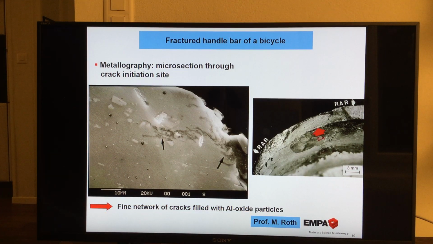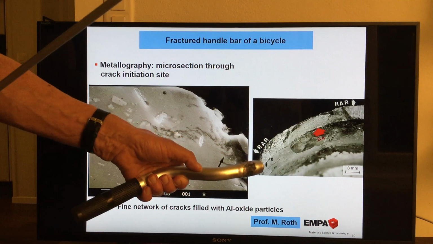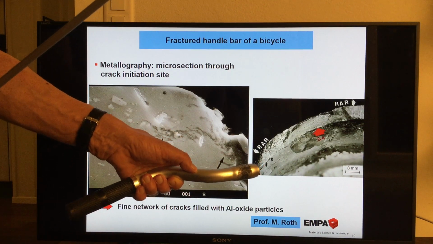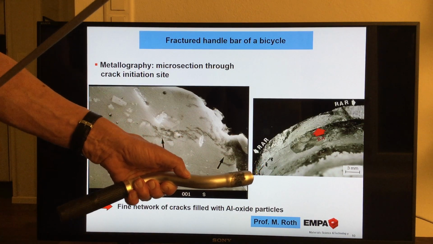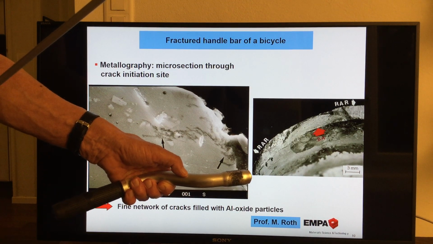Now you will ask yourself, where are these aluminium oxide particles coming from, and why are they embedded in the aluminium? Now what do we know about aluminium? When you think of the surface, you have to ask yourself, is this pure aluminium, or is there something else on the surface?